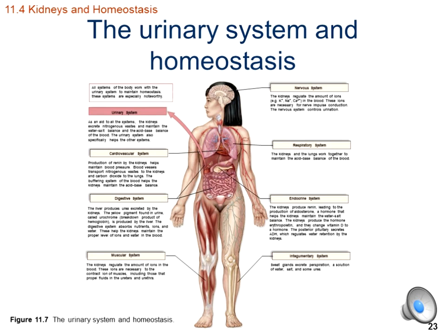It also helps to maintain the acid-base balance of the blood by getting rid of excess hydrogen ions and reabsorbing more of these bicarbonate or buffer ions to help maintain the blood pH. I'm not going to go over every last part of this image because we've seen it several times before, but I will give you a moment to read over and digest it, and this is an image that's also found in your textbook.